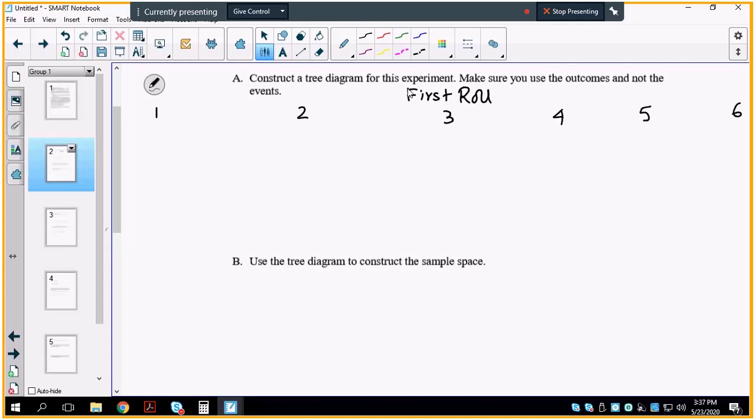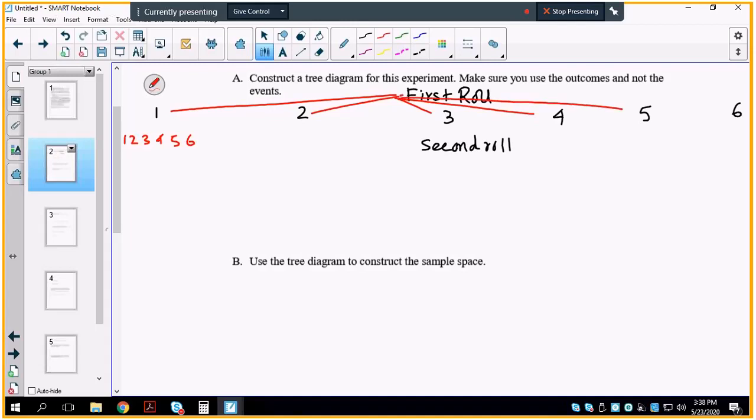Now, if I consider the second roll, then remember each of these 6 outcomes is going to give you 6 more outcomes. For example, the first roll you had 1, but now you have 1, 2, 3, 4, 5, and 6 as different outcomes. So the tree diagram is as follows. You have one root giving you 6 different branches, as I'm depicting this way. And then each of these branches is giving you 6 different new branches.